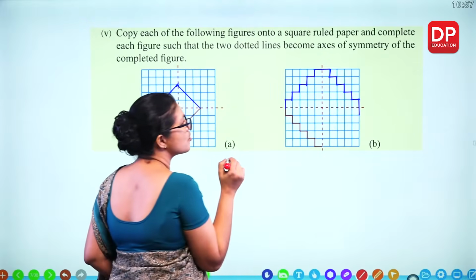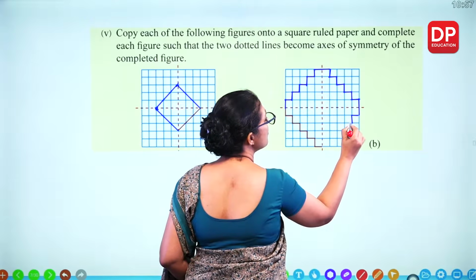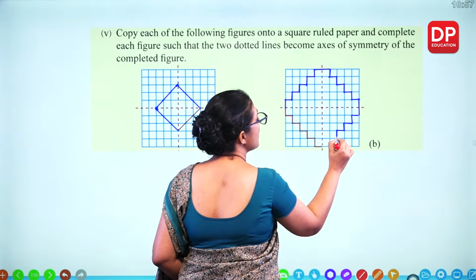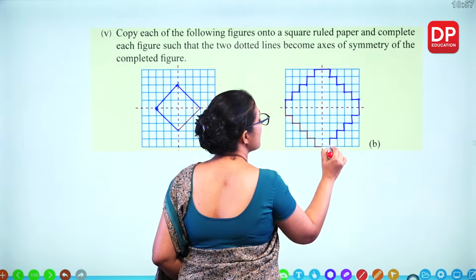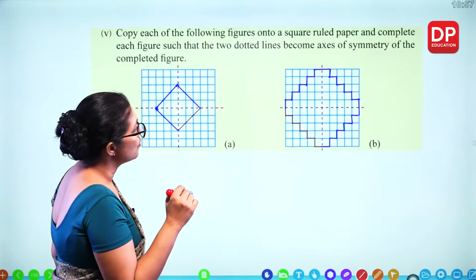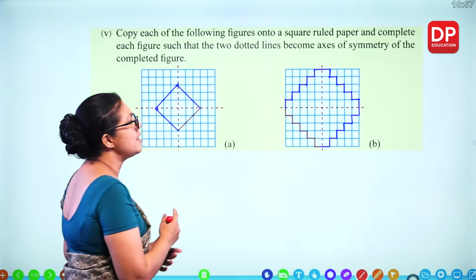And here 2 squares. And then continue this one down. So you get something like this when you complete it. So you get 2 axes of symmetry to this figure.